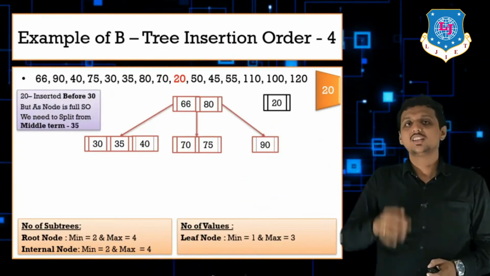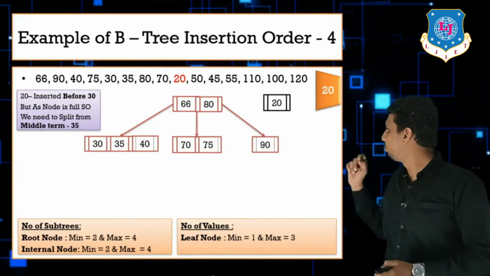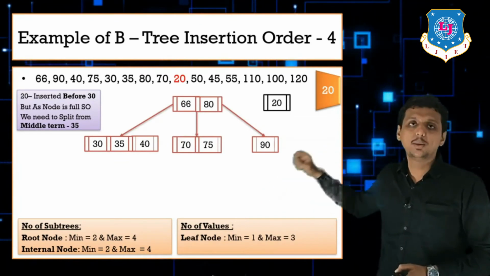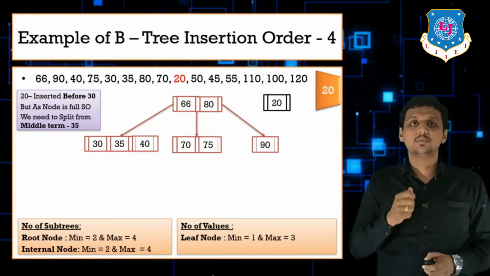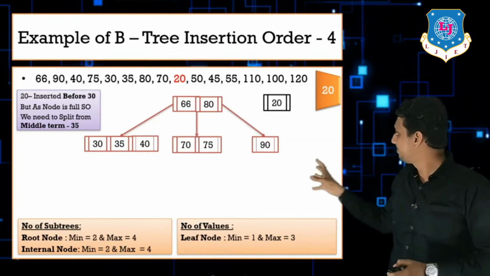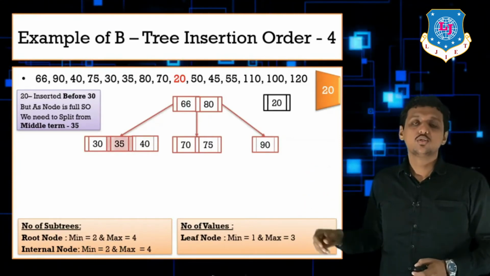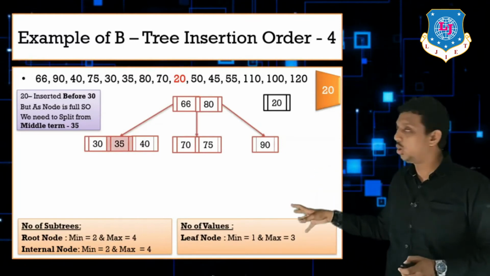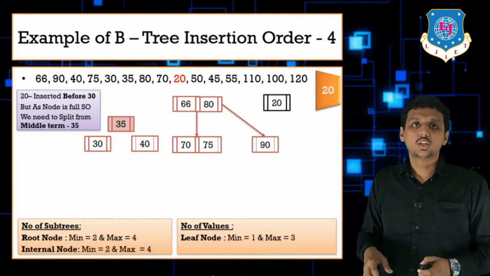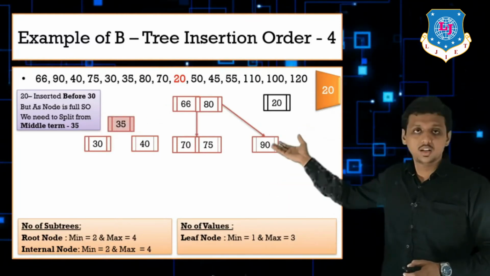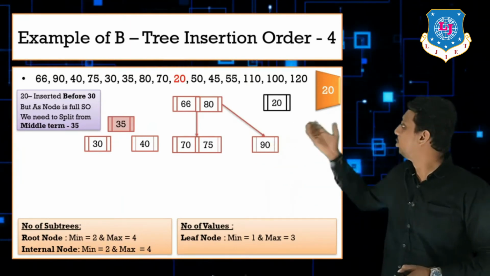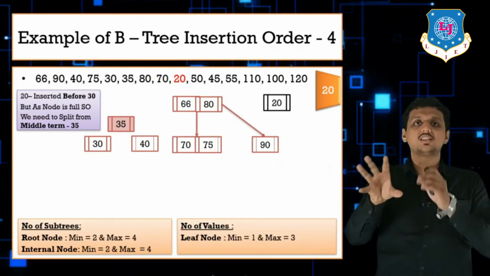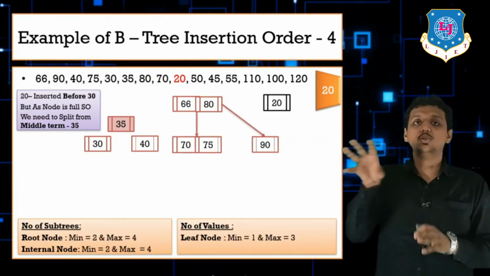So I just need to move the middle term to the parent node. Now tell me, what is the middle term of this node? That is 35. So students, 35 will go to the parent node. I am taking it up, moving towards the parent node, and it will be inserted with node 66. So now tell me, you need to arrange the values in a node.